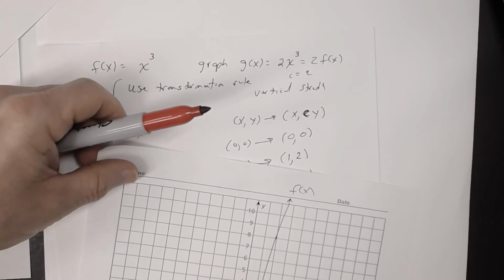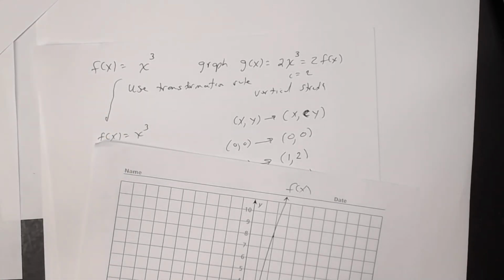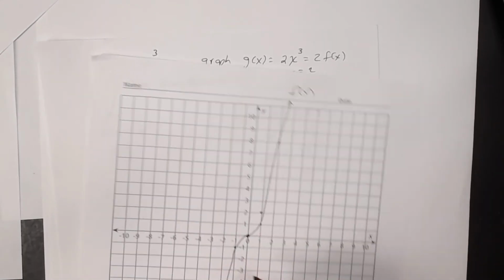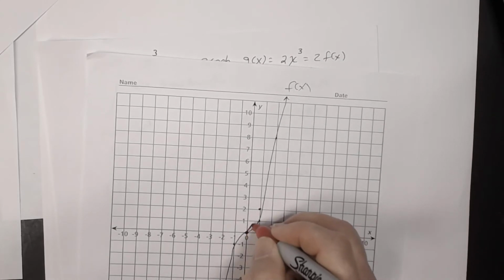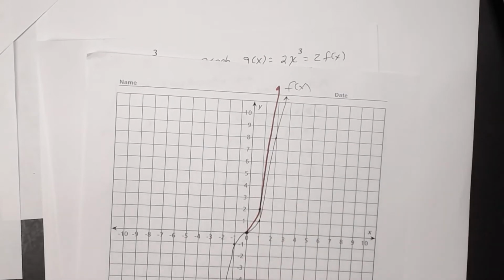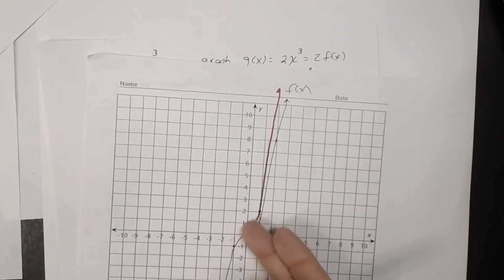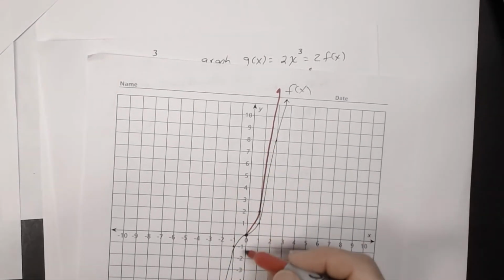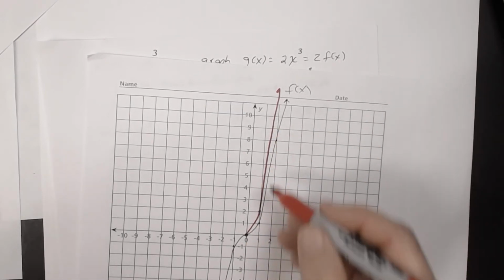So again, I don't have enough room, so that's going to be way up here. But the point being that on this side, I get something that looks like this. Okay, something like that. So remember, that's a vertical stretch. So the graph becomes narrower the bigger c gets.